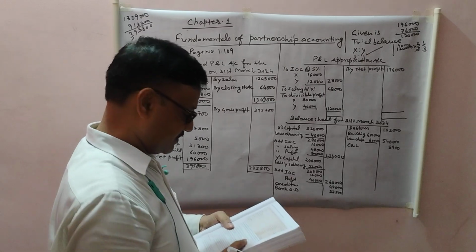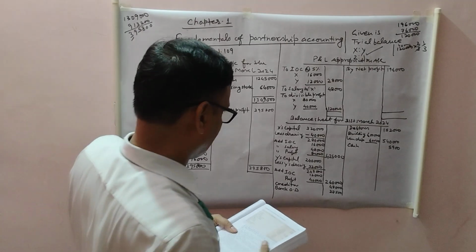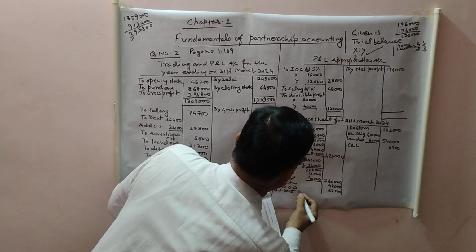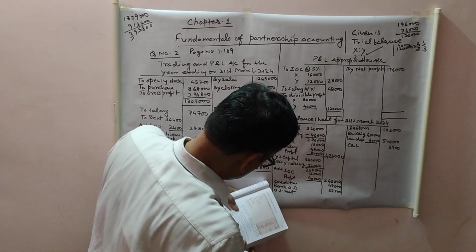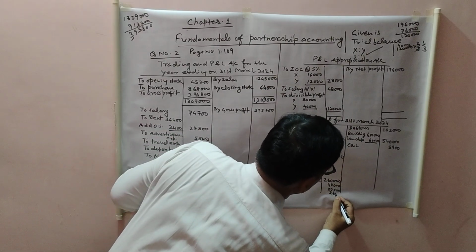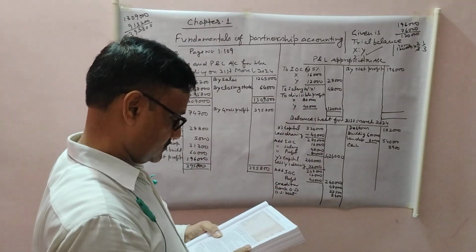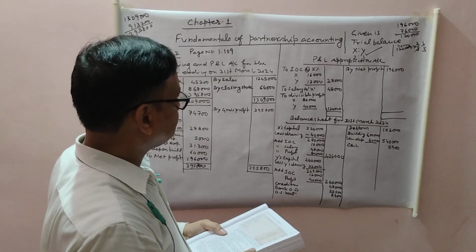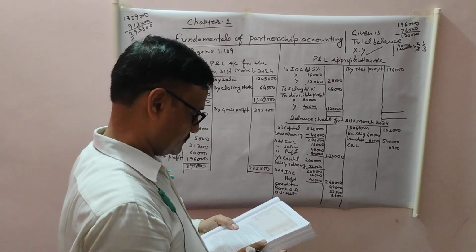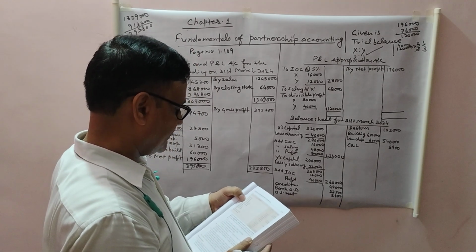Then let us see the adjustment if anything is left. There was outstanding rent 2,400. This is also a liability. Outstanding rent 2,400, so we have to write it here. Now I think nothing is left.